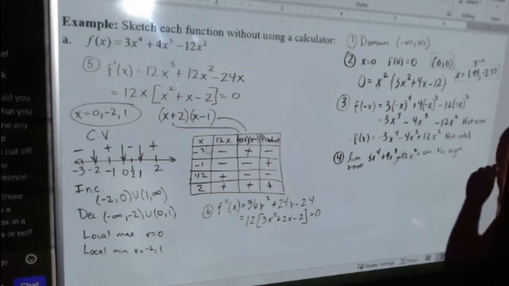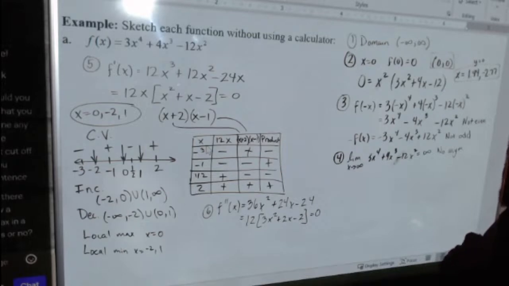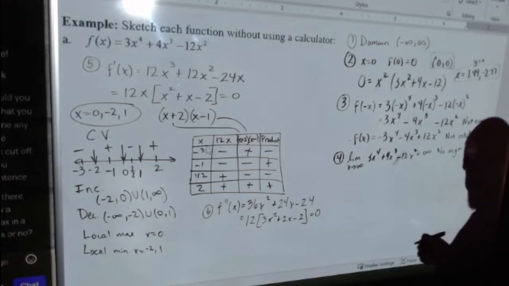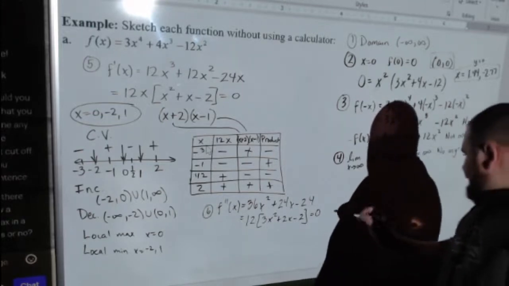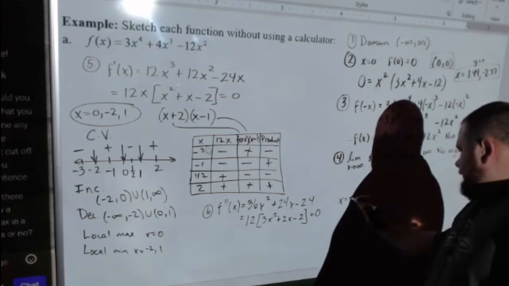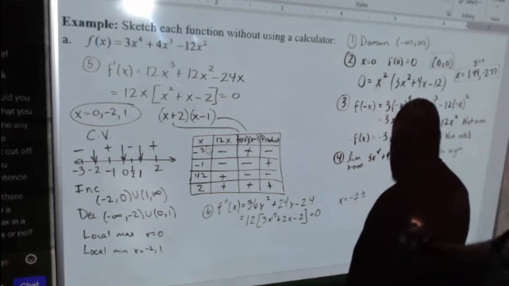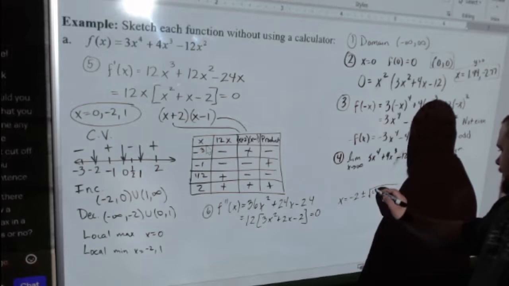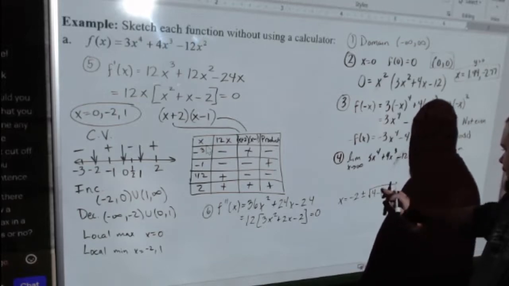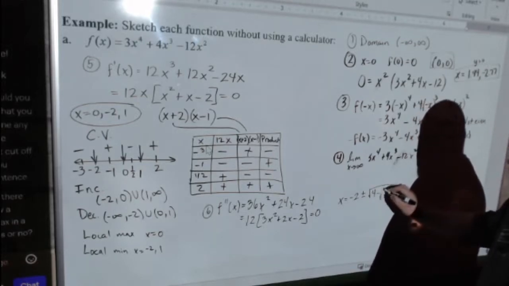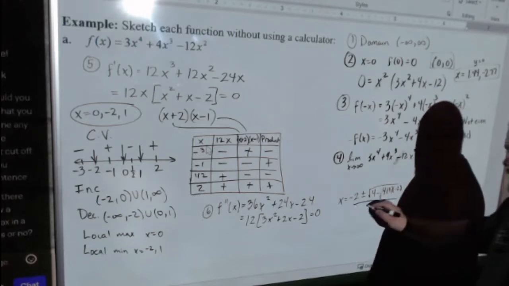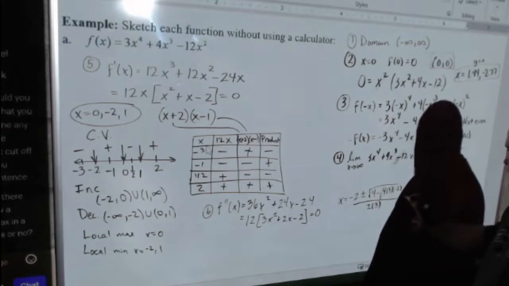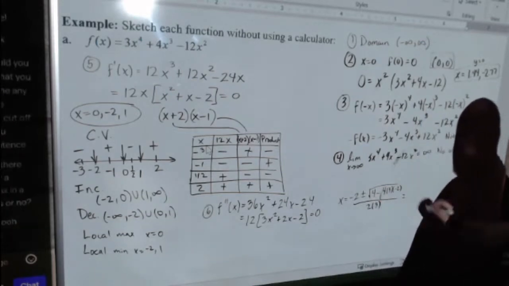So let's see. Looks like we're going to have to quadratic formula this guy one more time. So just let me do that real quick.